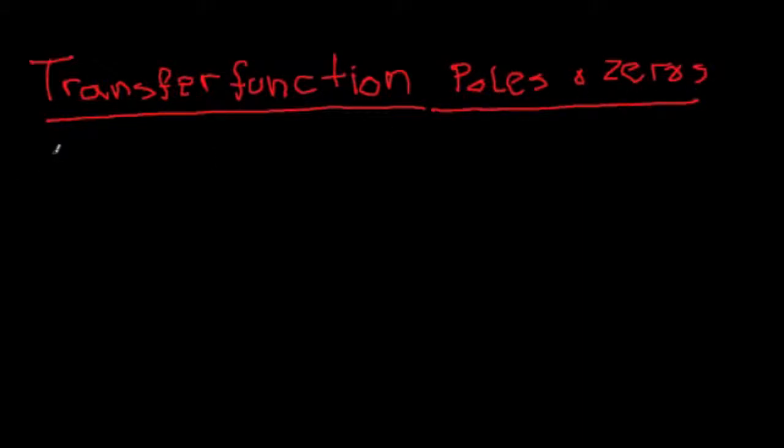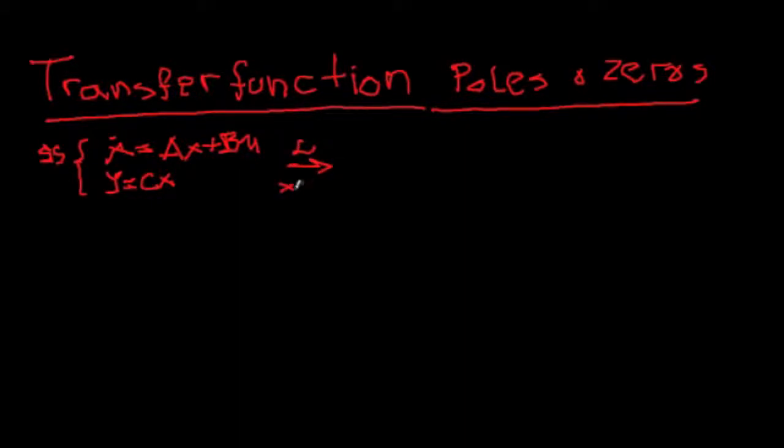We already concluded that if we have a state space representation x dot equals A x plus B u, y equals C x, the transfer function of this state space representation is obtained by applying Laplace transform and assuming initial conditions being 0, which usually we can take since the initial conditions are associated with the transient behavior of the plant.